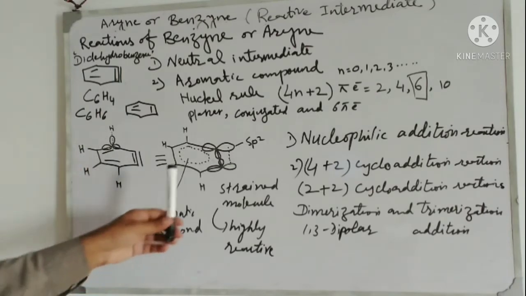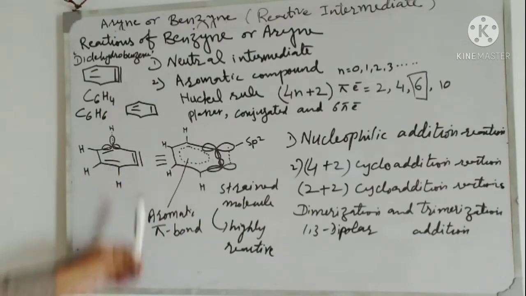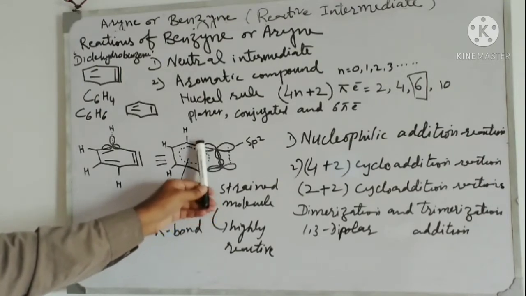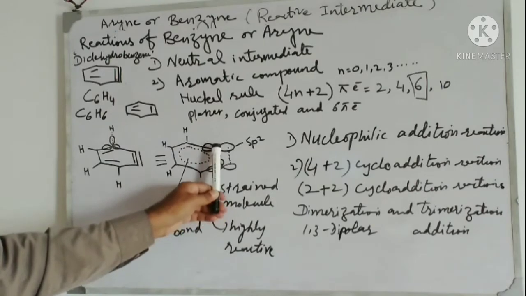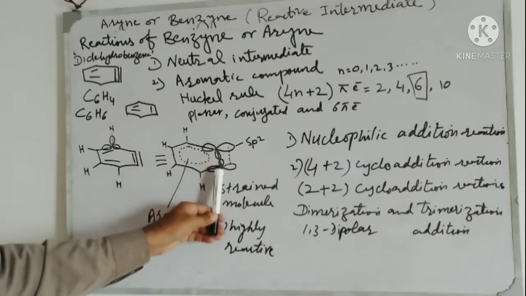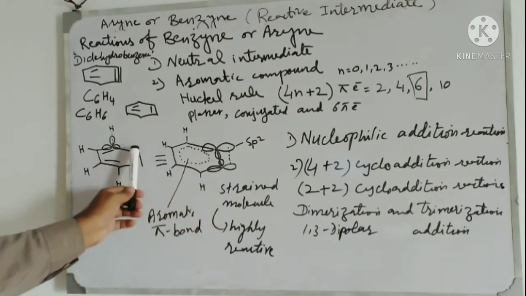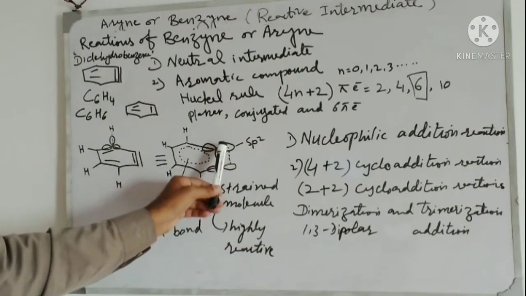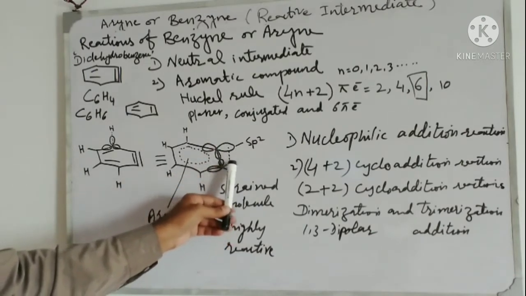When we look at the carbon forming the triple bond in benzyne, its sp2 hybrid orbital makes a sigma bond with one carbon, and another sp2 hybrid orbital makes another sigma bond with the next carbon. The triple bond here is formed by an sp2 hybrid orbital overlapping with another sp2 hybrid orbital.